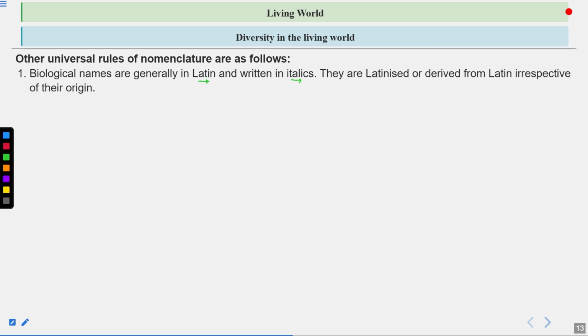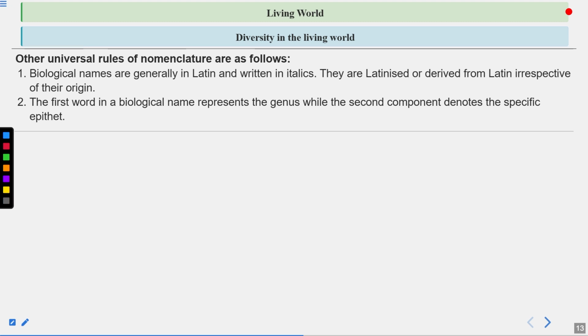Scientific names are written in italics, means they are italicized. They are Latinized or derived from Latin irrespective of their origin, means they are always written in Latin irrespective of their origin.